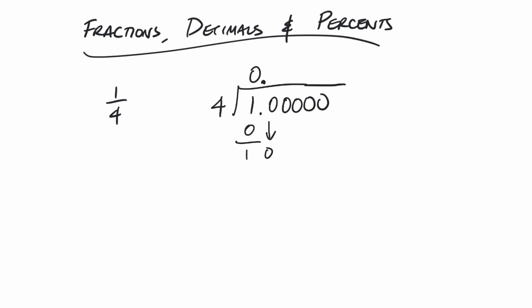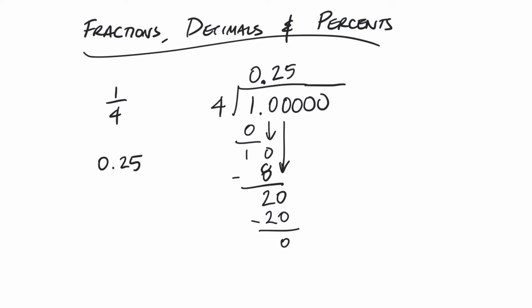And then 4 into 10, that's going to go twice. 4 times 2 is 8, so 10 minus 8 is 2. Bring down the 0. And then 4 into 20, that goes 5 times. And 5 times 4 is 20, so our remainder is 0 there, so we're finished. So 1/4, or 1 over 4, is the same as 25 hundredths, or 0.25.